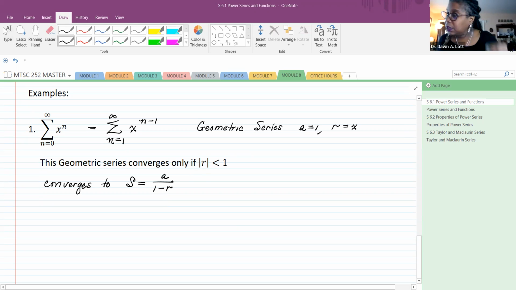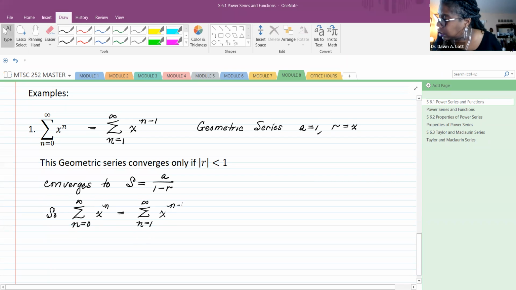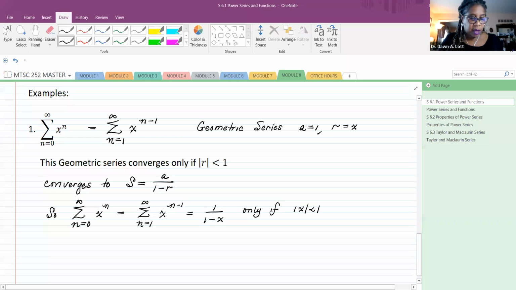Okay, so that means we can say the summation n equals 0 to infinity of x to the n, which is the summation n equals 1 to infinity of x to the n minus 1, is going to be 1 over 1 minus R, which is x, only if the absolute value of x is less than 1. Okay, so we now have our very first function represented as a power series.